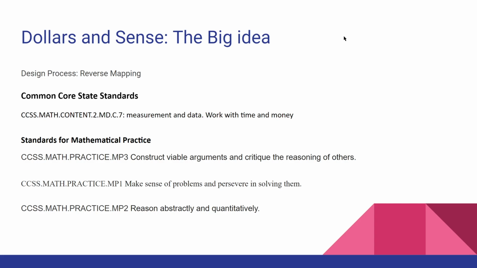Obviously, when you're working with money, you're going to be sent a number of numbers, and you need to be able to construct those numbers in a certain way to pay properly and understand what you're going to be receiving in return in change, and reason abstractly and quantitatively. There are different options for how to receive change or how to create money in your hand in order to hand it in and buy something. And that's really what the big idea is.